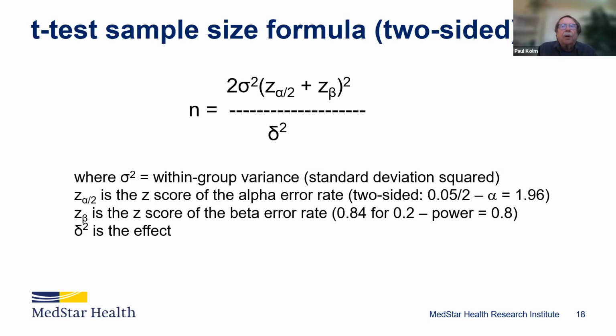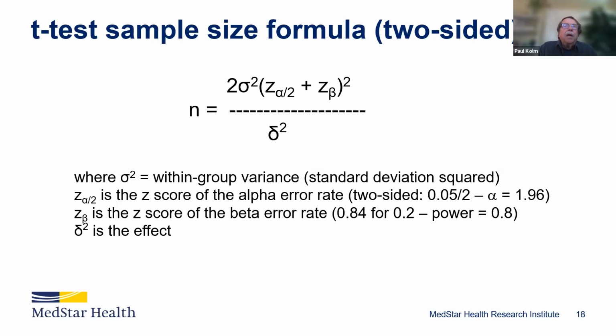What's typically used is a beta error rate of 0.2, which in the non-central distribution is 0.84, and that would give us power equal to 80%.